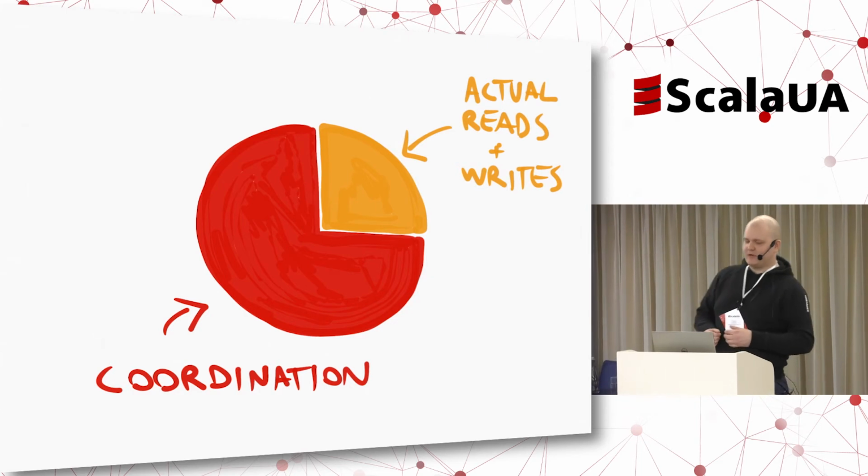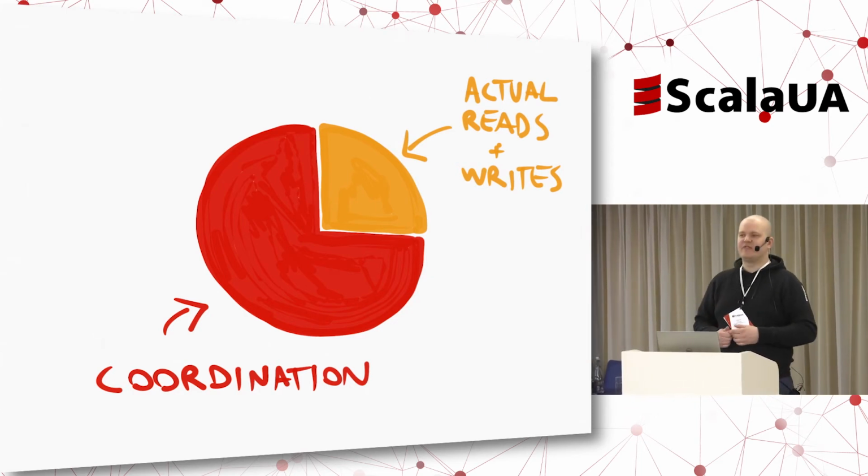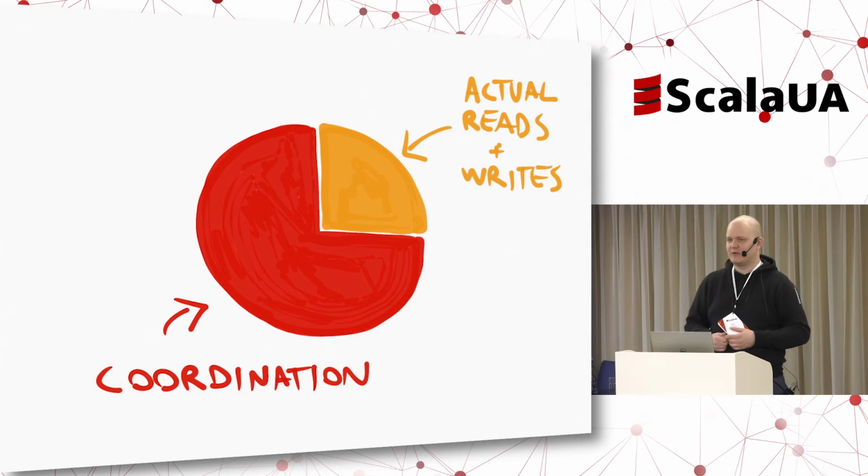So in OLTP workloads, it turns out that 75% of the time is spent doing coordination, and only 25% of the time is spent doing actual reads and writes. And this is in big databases like Postgres.